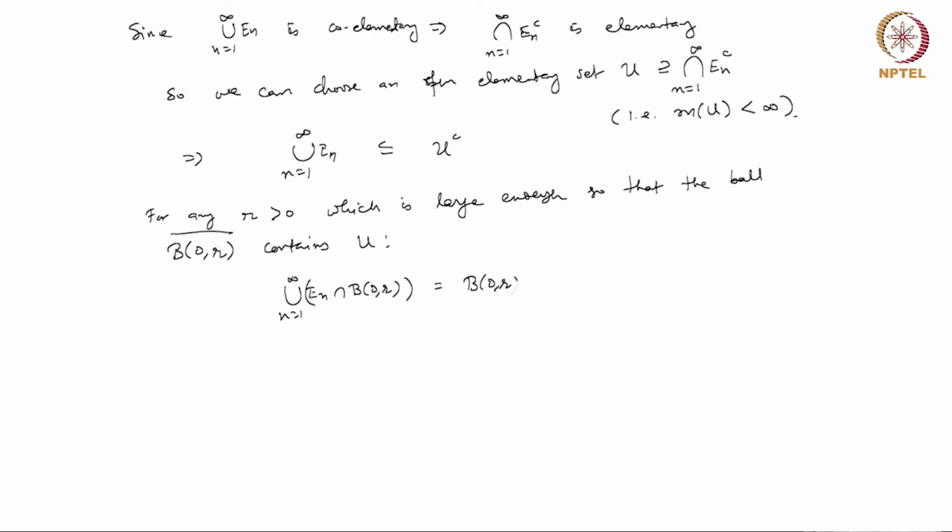So this is contained in the intersection of the complement of U with this closed ball of radius R, and this is nothing but B(0,R) minus U. Since U is open, U complement is closed, so this is also closed and bounded. So this whole thing is a compact set K.